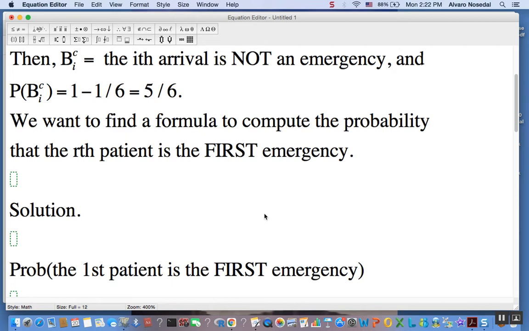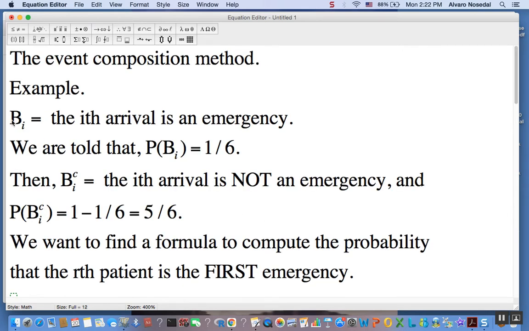First, let's find the probability that the first arrival, the first patient, is the first emergency case that they see. In order to have that event, what we need is the probability of B1, meaning that the first arrival is an emergency, and the probability of B1 would be just 1 over 6. Make sense?